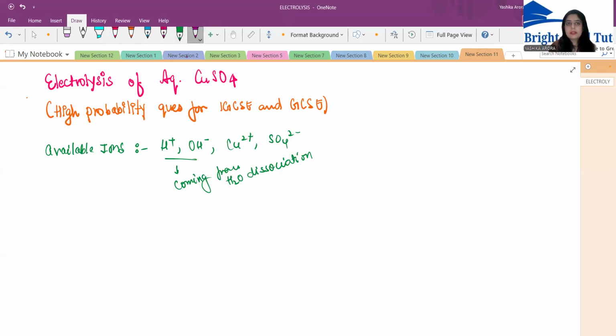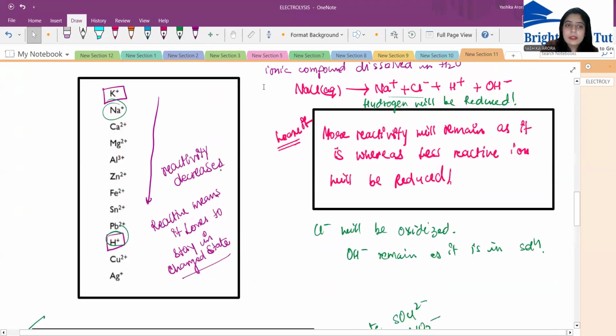So let's try to write the reactions now. Reaction at the cathode. What's going to happen? Is the cathode positive or negative? Negative cathode. So it's negative, so it attracts positive ions. Positive ions, I have what? I have H plus and copper 2 plus. So let's go to the reactivity series.